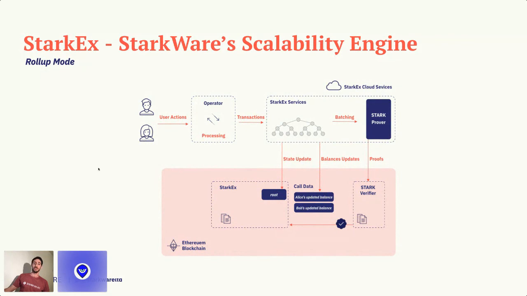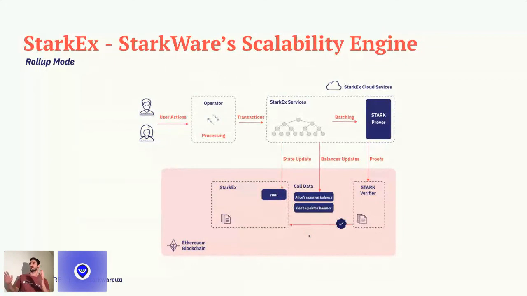How do we achieve scalability with this kind of solution? The way we do it is by batching together many user interactions into one state update. Since the proofs are sublinear in the size of the computation, the cost of making a state update on chain is polylogarithmic in the actual computation that was done off chain.